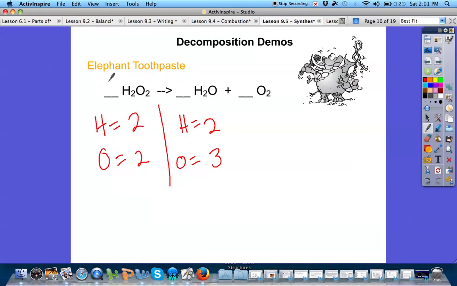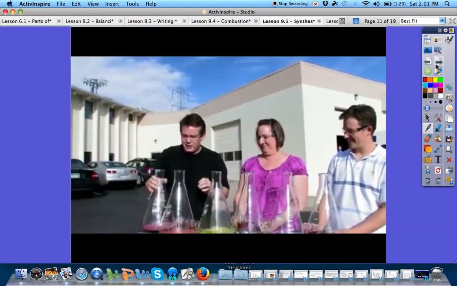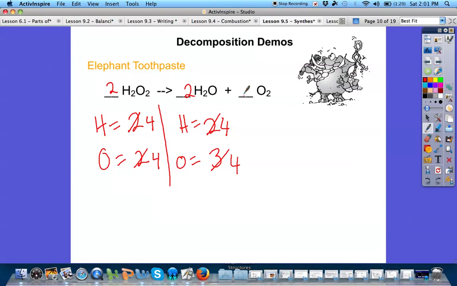But if we double our first one, it's going to give us 4 hydrogen and 4 oxygen. So then if we double water, that's going to give us our 4 hydrogen, 2 oxygen there plus 2 there is a total of 4. So now we have a video to show us the elephant toothpaste. Oh, and go ahead and put a 1 in front of O2.